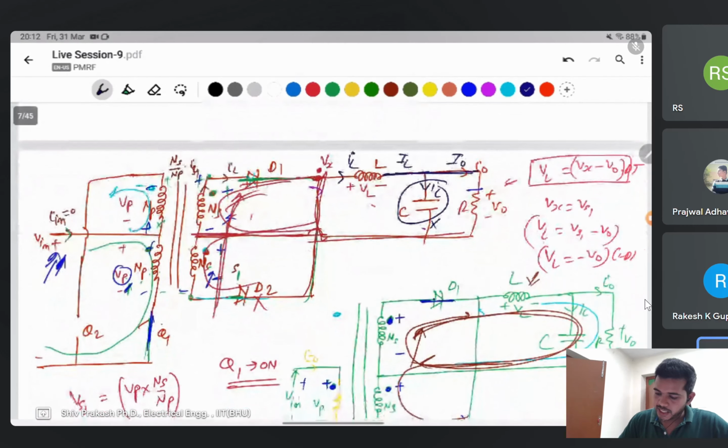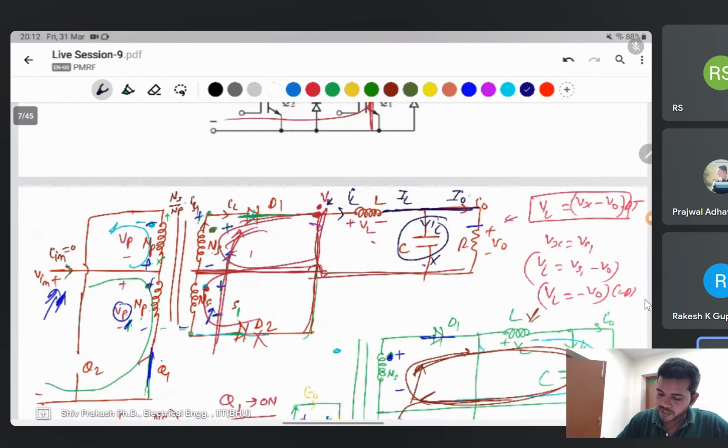And delta IL you can calculate from here. When the switch is on, then VL is equal to Vx minus V naught. Then VL is the same as L di by dt, Vx minus V naught, and if you integrate this from IL minimum to IL maximum, then you find delta IL.